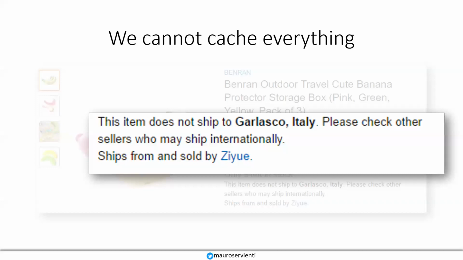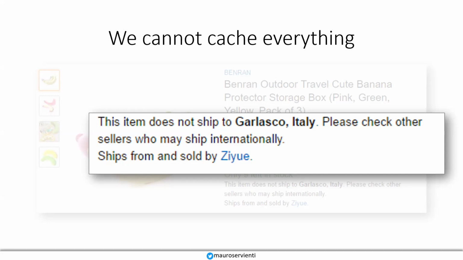So I intentionally picked the screenshot from the US website because most of the items from the US website cannot be shipped to the place where I live, especially things not directly sold by Amazon in this case, but sold in the marketplace. This information cannot be cached.